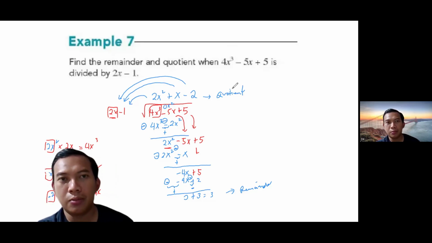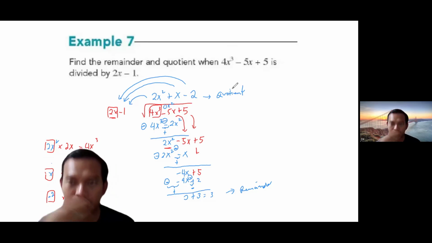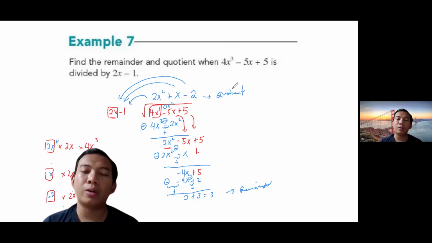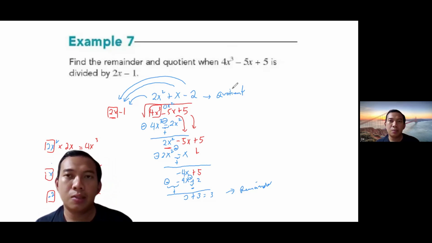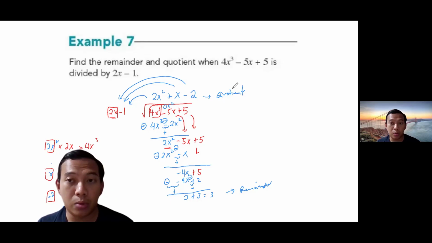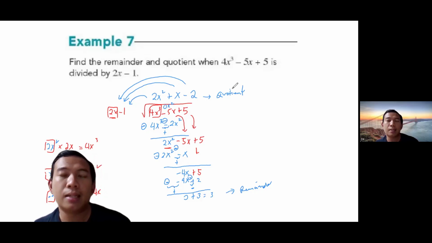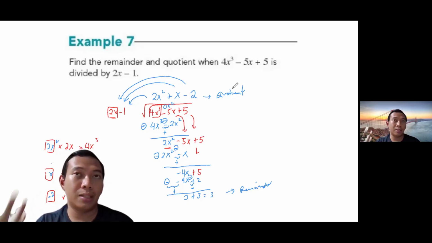Good so far? Try to reflect, see what you have learned, what you have to take note of. Honestly, this long division is quite a simple thing. It can be used again in factor theorem and solving cubic equations. That one will be in 4.3. In 4.2, factor theorem, it can be used as an alternative method.